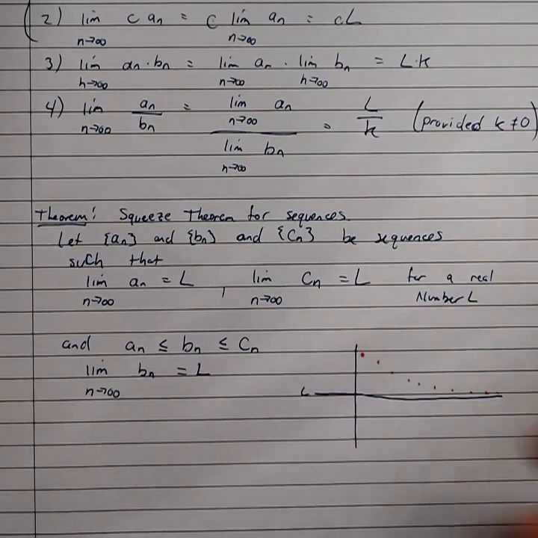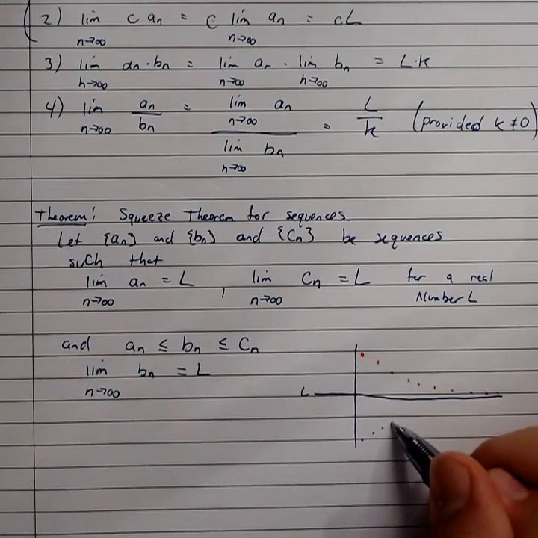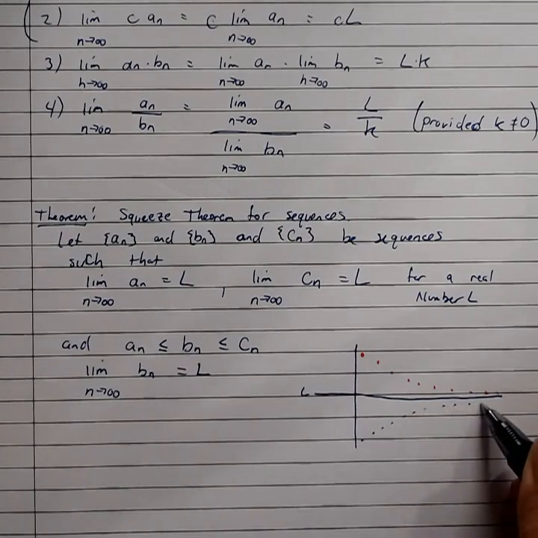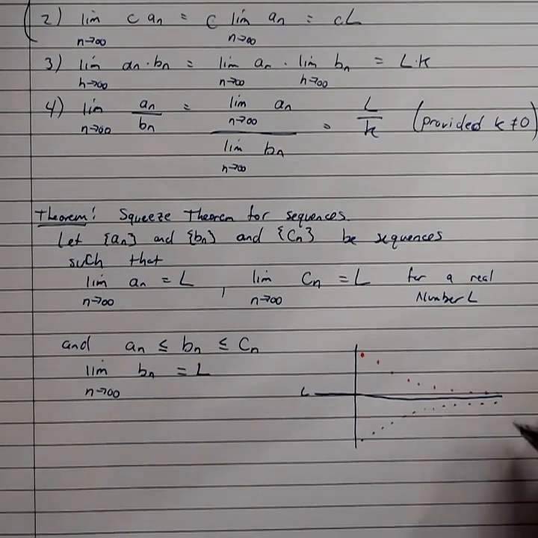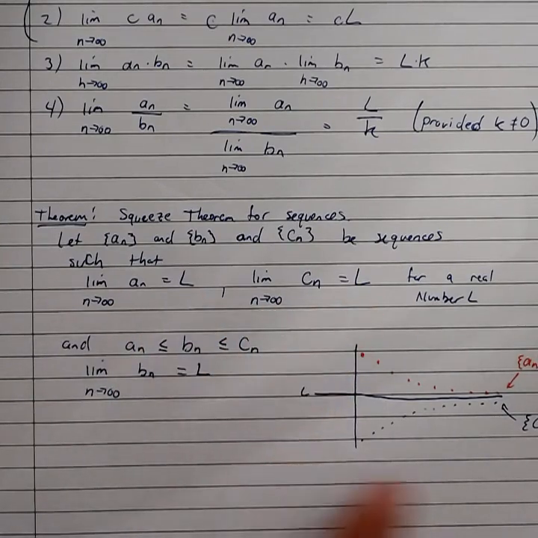And let's say I have another sequence, which is converging to that same L, but in a different way. Okay, so here this would be our sequence C sub n, and this one in red would be our sequence A sub n. All right, so here we have two sequences, both of which converge to L, to that same number.